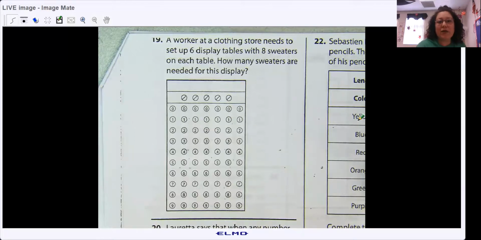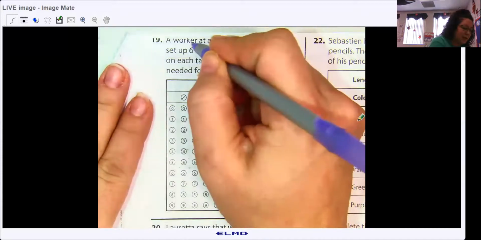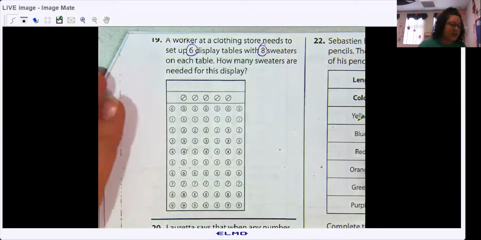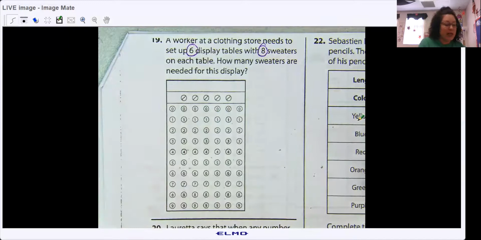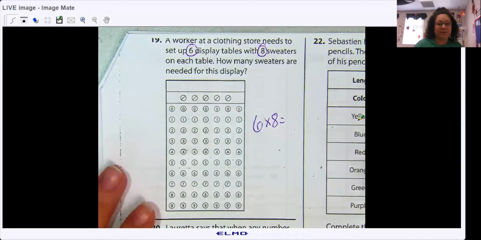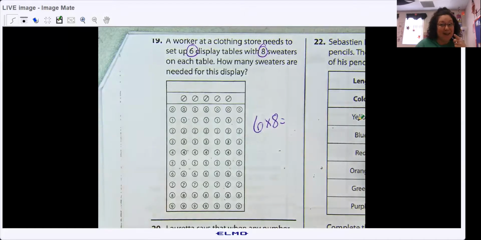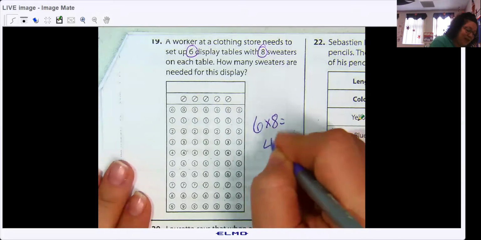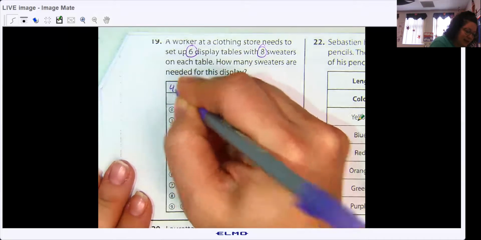A worker at a clothing store needs to set up 6 display tables with 8 sweaters on each. How many sweaters are needed for this display? Pretty easy. 6 tables, 8 on each. Got to know your facts. 48.